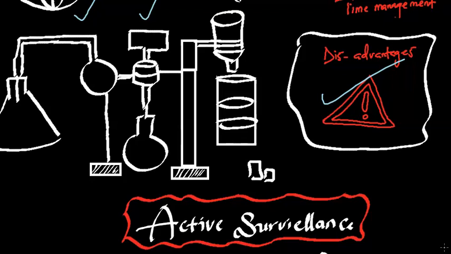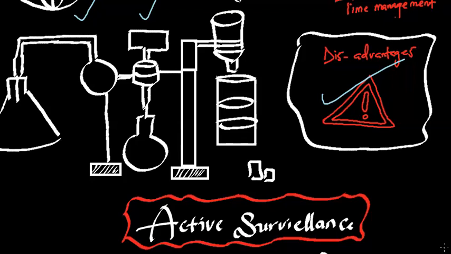Underreporting is one of the primary limitations of passive surveillance. When we say underreporting, this simply happens where not all the cases are captured or reported to public health authorities. Next, under the disadvantages, we have reporting bias.